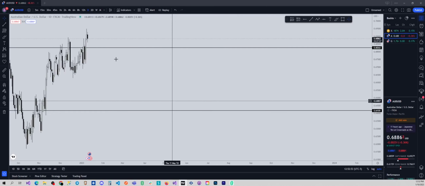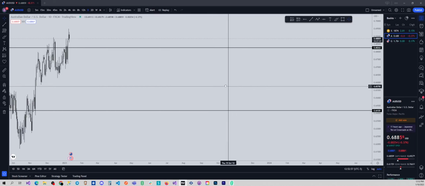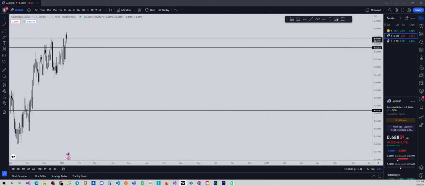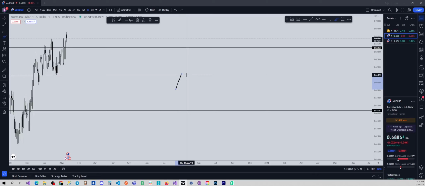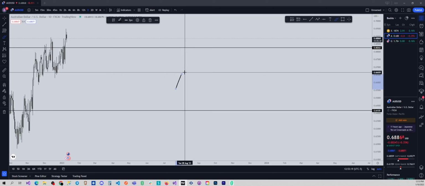Now, before we hop into price action, it's important to understand what price action is. Now, what exactly is price action? Price action itself is basically the formation of price. If you pay attention to price, every candle has a story. We're trading in a multi-trillion-dollar market. I think at this point it's like $8 trillion a day that the market is moving.